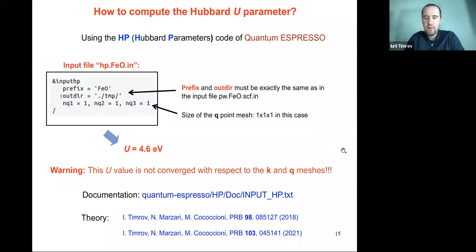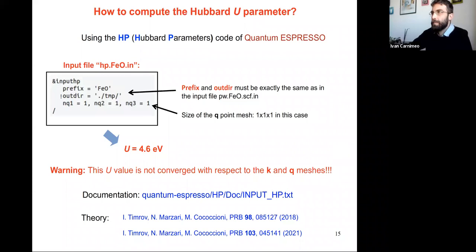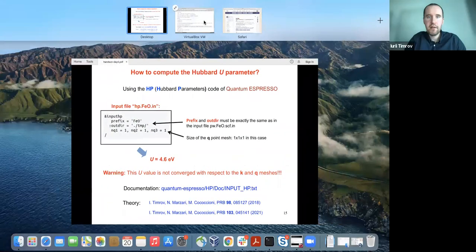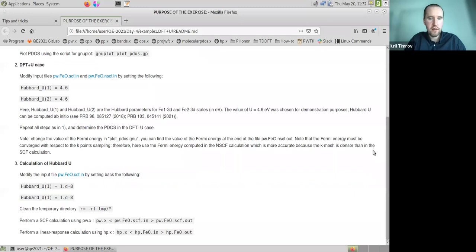But to move on, we can compute the Hubbard U parameter. Let's do that quickly. This is explained in point 3. You can skip the step of cleaning the temporary directory.